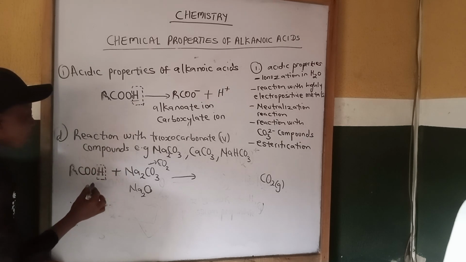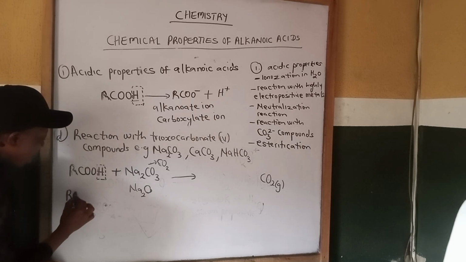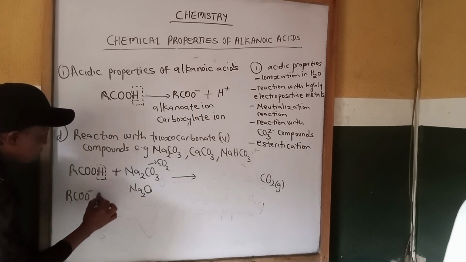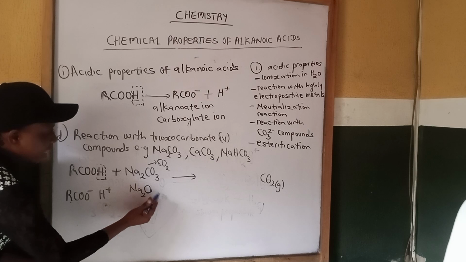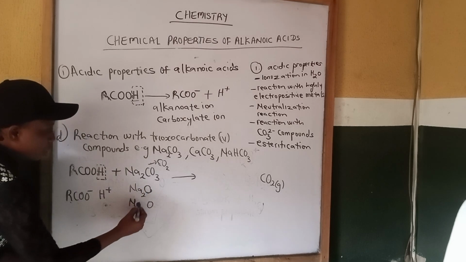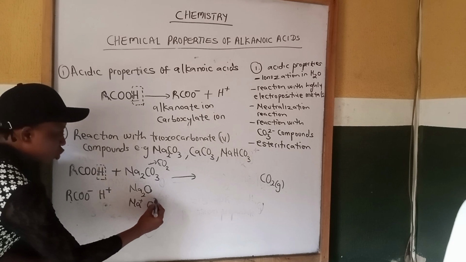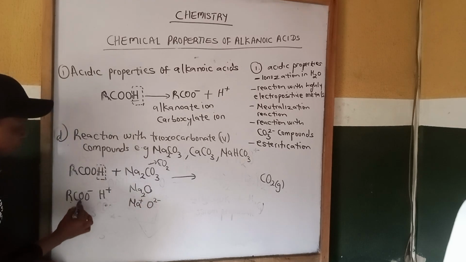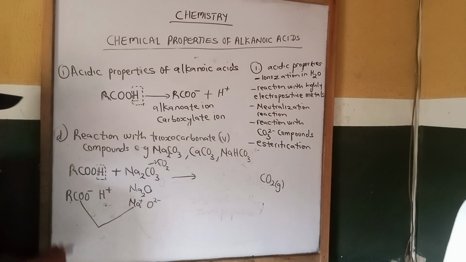The hydrogen ion will be displaced. So we are going to have RCOO minus and H plus. Then this one will now decompose to Na and oxygen. Na is plus, oxygen is 2 minus. Positive and negative combine together.